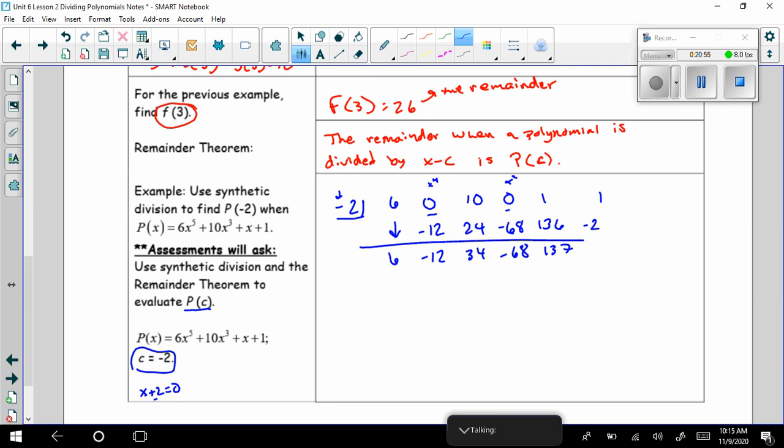Multiply, and add. And then that's your answer. So P of -2 is equal to -273. And this is how you would show that using synthetic division.